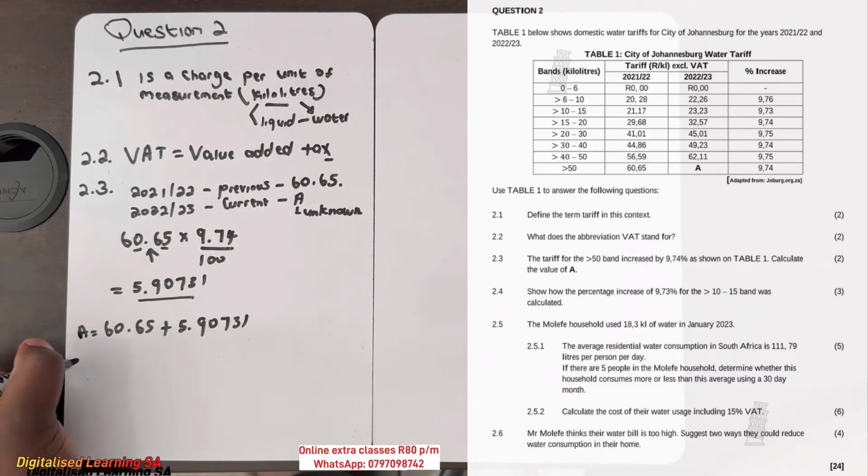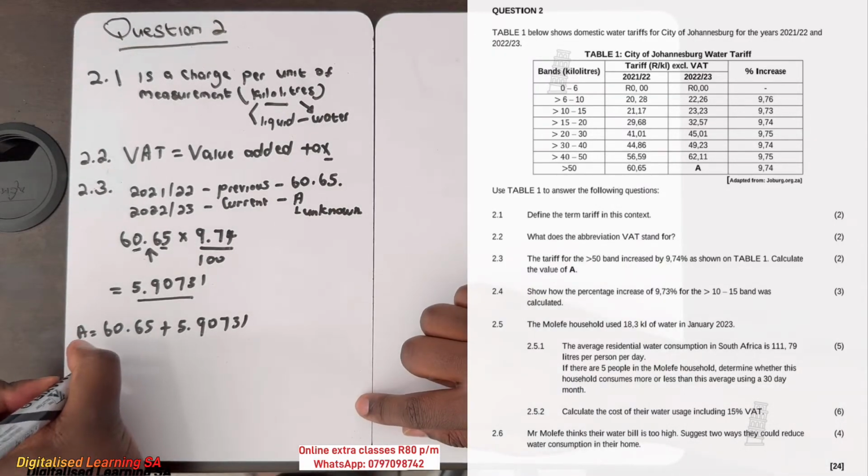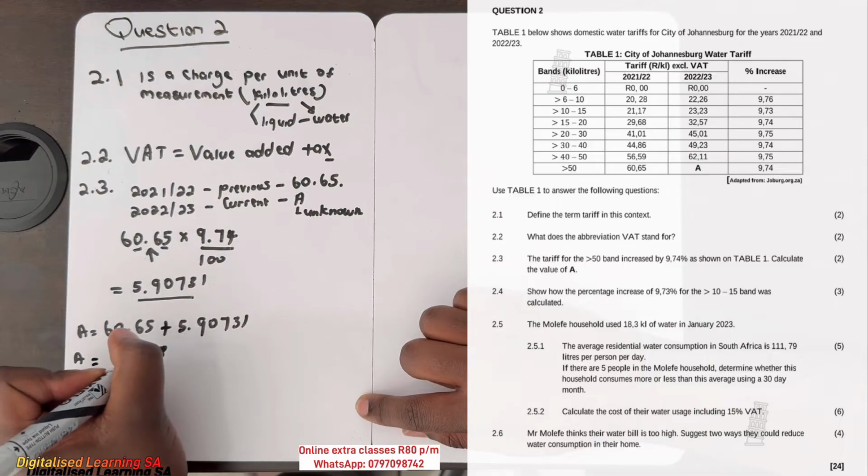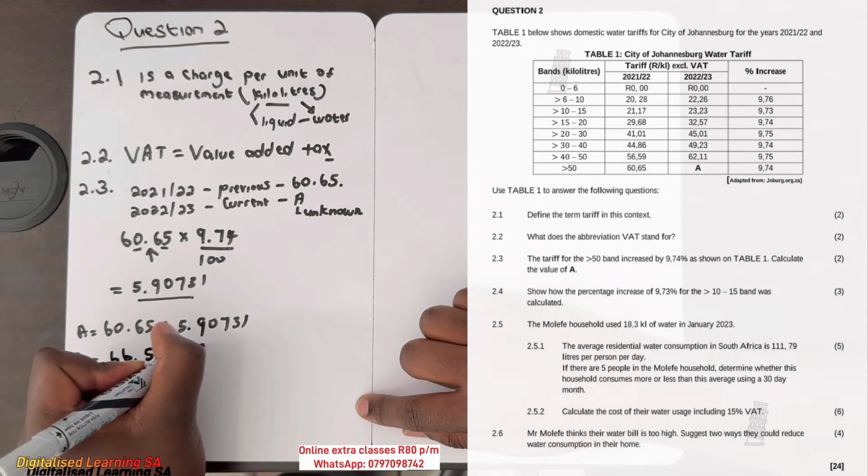So we need to round off our answer to 2 decimal places. If we add them, we get 66.55731.